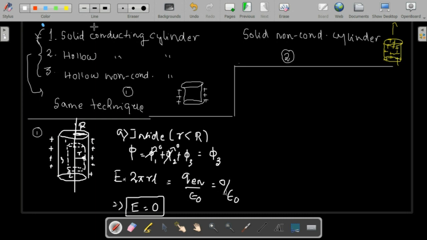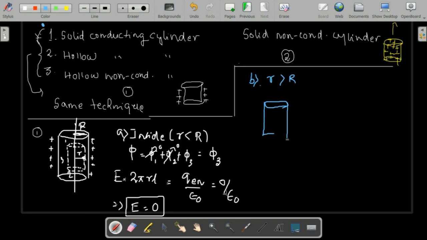The second case is outside. We can find the field outside by taking r greater than capital R, and we construct this again. Let me do a quick construction here.